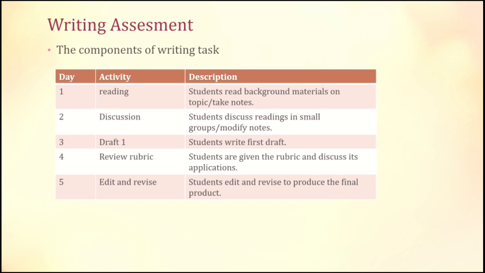In discussion, students discuss the reading in small groups or modify notes. And day three is begin to make a draft. Students write the first draft, and then in day four, review rubric. Students are given the rubric and discuss its application. And then day five, edit and revise. Students edit and revise to produce the final products.